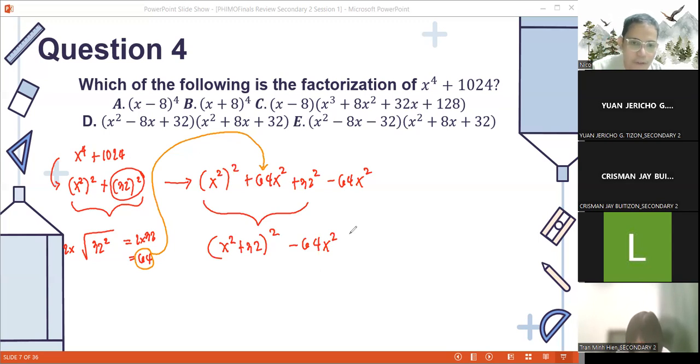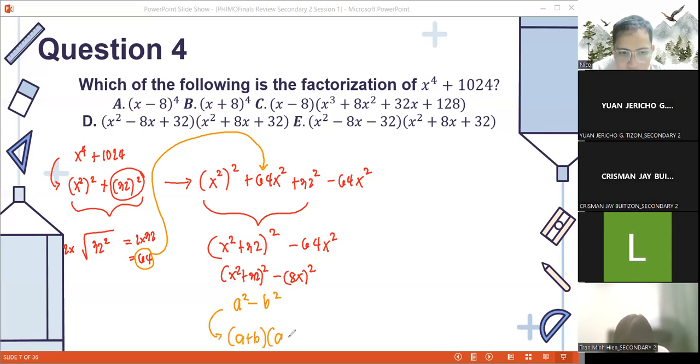So let's continue further. If you notice, this part here is x squared plus 32 squared minus 8x squared, and this one here is simply a squared minus b squared. What is this form? That is a plus b, a minus b.